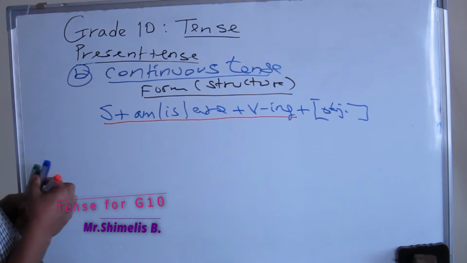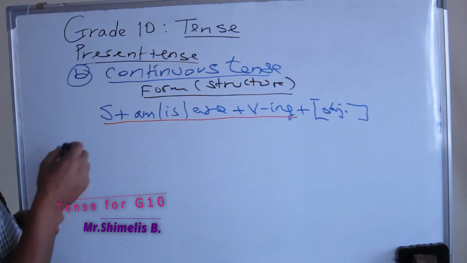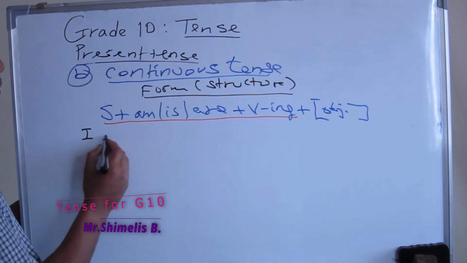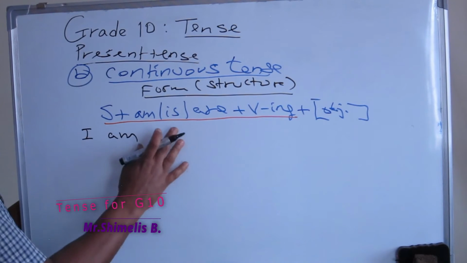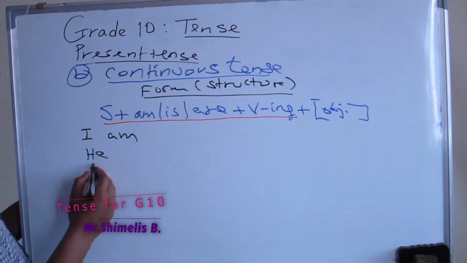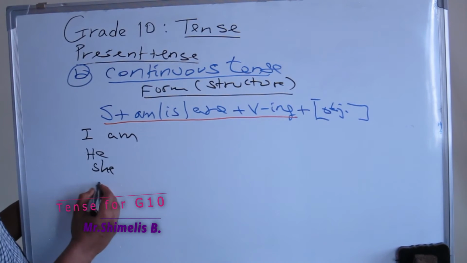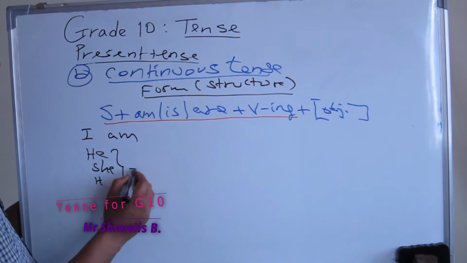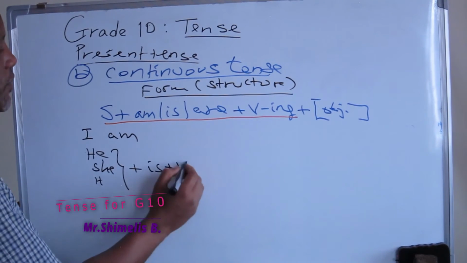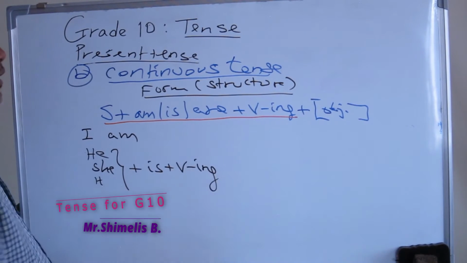So here, as I said, with the first person singular subject I, we use am, and is we use with third person singulars he, she, and it. With these pronouns we use is, and the main verb becomes verb-ing.